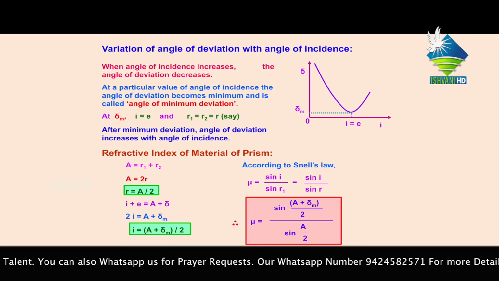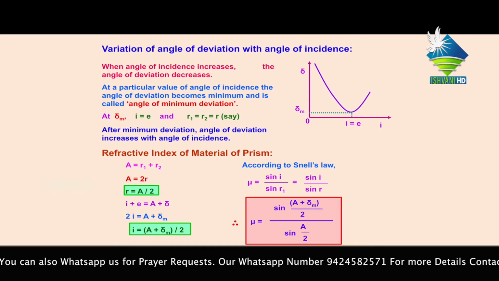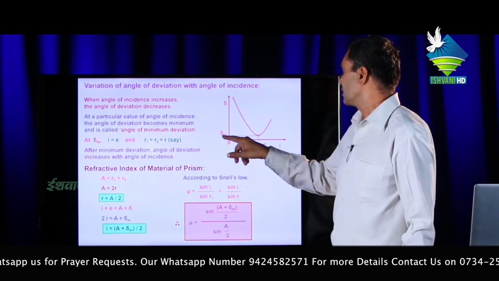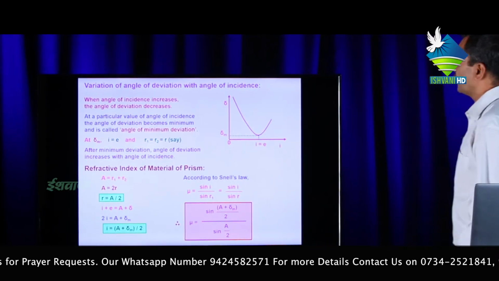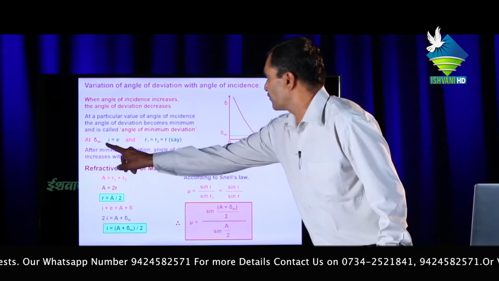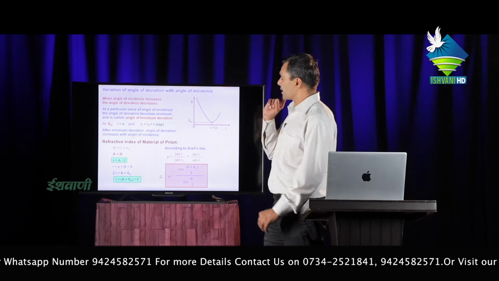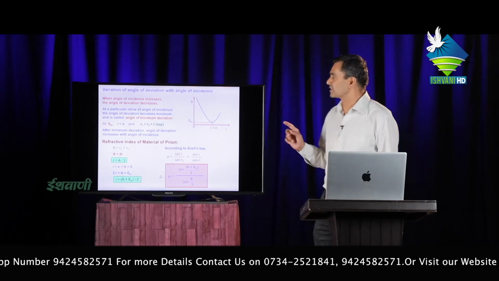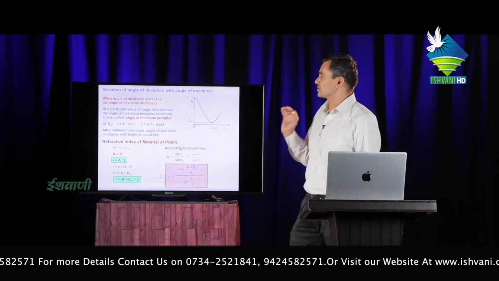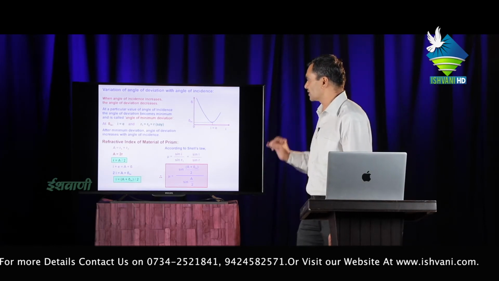When the angle of incidence equals the angle of emergence, this deviation is called the angle of minimum deviation.